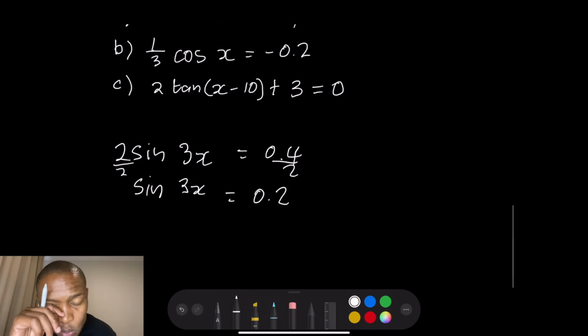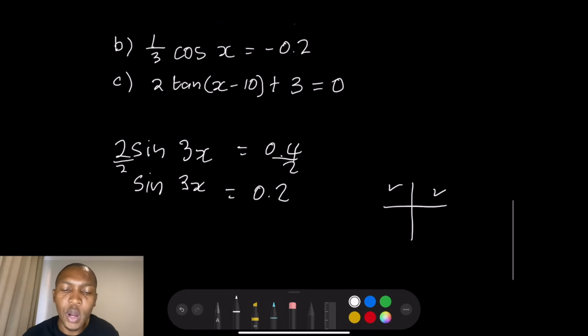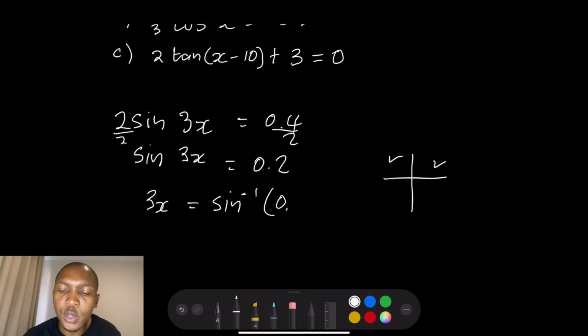Now, please note, I now have sine of 3x equal to 0.2, and I've got sine as positive. Now, what does that tell me? Sine is positive in my first quadrant as well as my second quadrant. So now I'm going to find the solution. 3x is equal to the arcsine of 0.2.